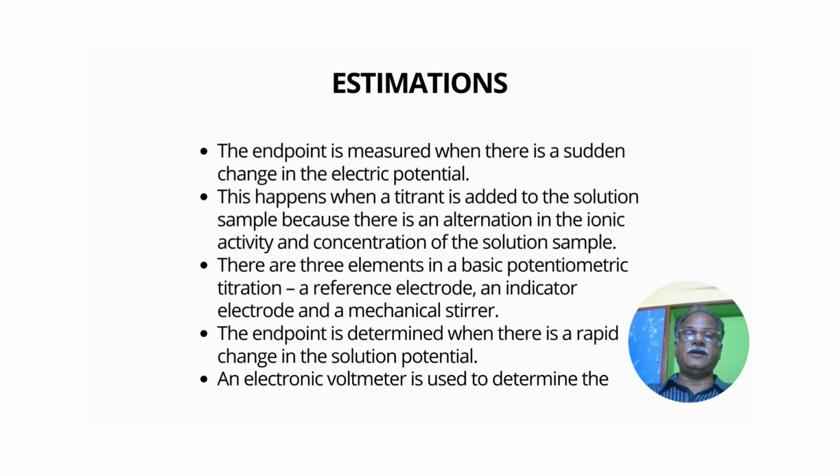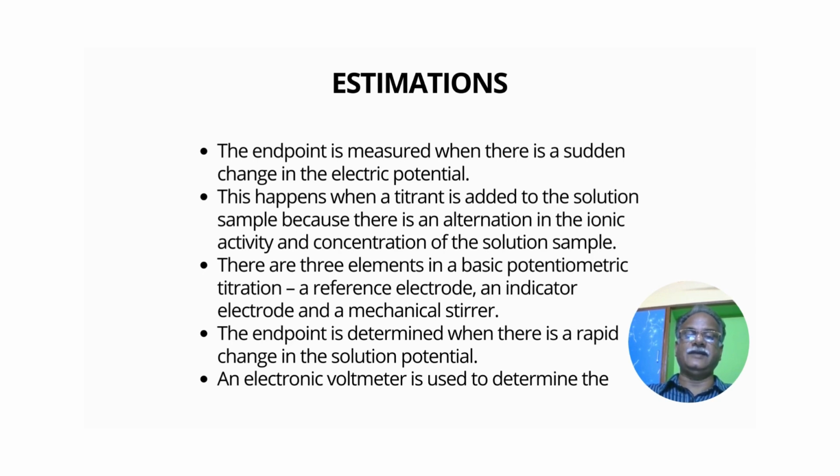Estimations. The endpoint is measured when there is a sudden change in the electric potential. This happens when a titrant is added to the solution sample because there is an alteration in the ionic activity and concentration of the solution sample.